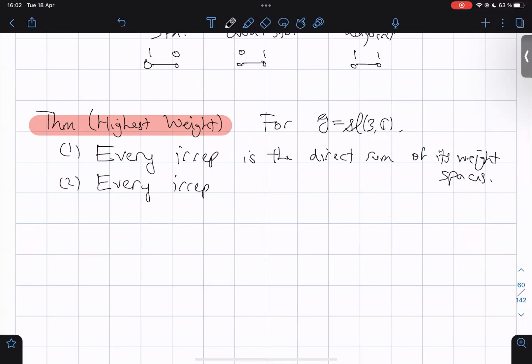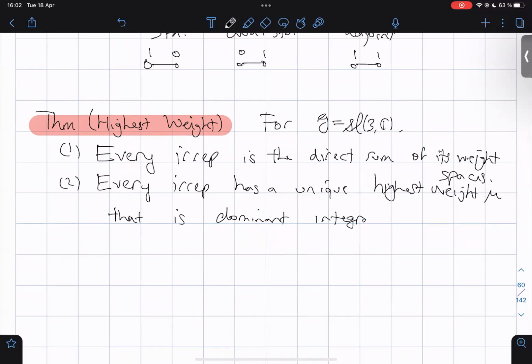And every irrep has a unique highest weight mu that is dominant integral. So it lies on that weight lattice, and it lies in that fundamental chamber.